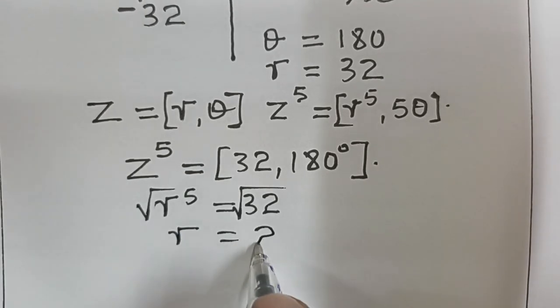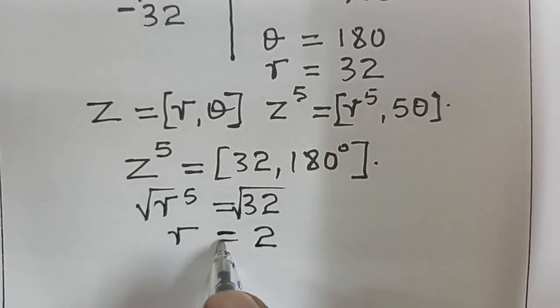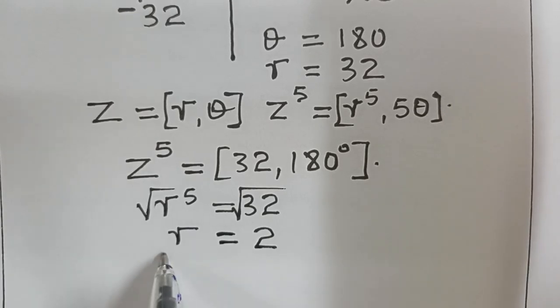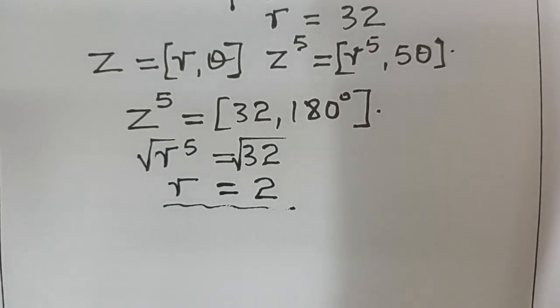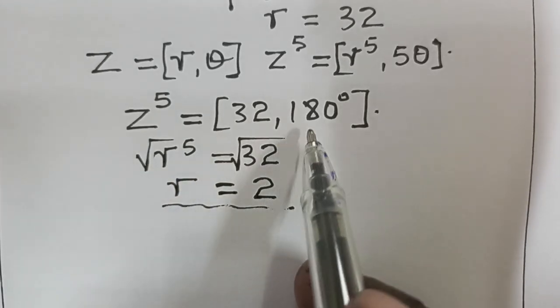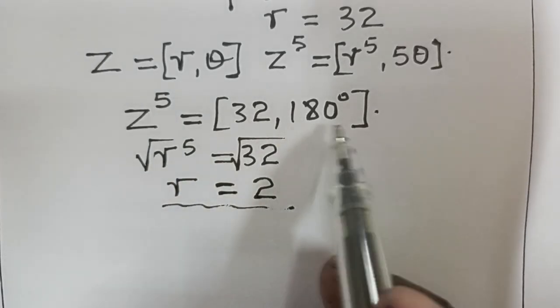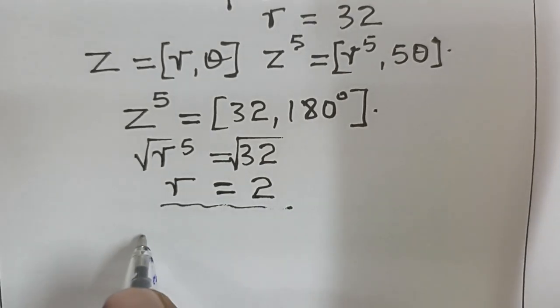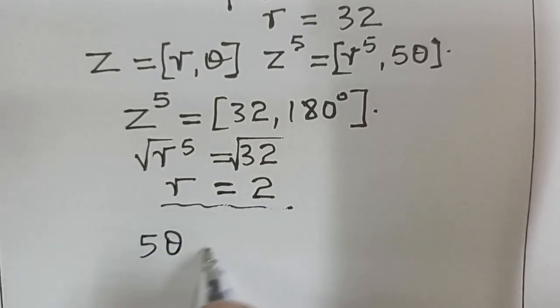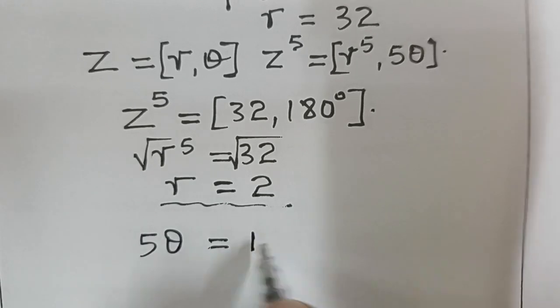In other words, 2 raised to 5 will give us 32. So r is equal to 2. The second thing is now the argument. Here we have 180, here we have 5 theta. So we shall have 5 theta equals 180.